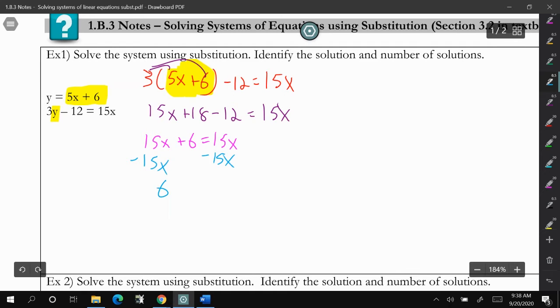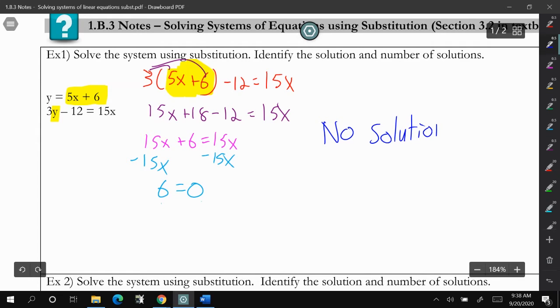We get 6 equals 0. So remember, if we have this situation, that means there are no solutions because we get an untrue statement. 6 does not equal 0. So there is no solutions for this problem.